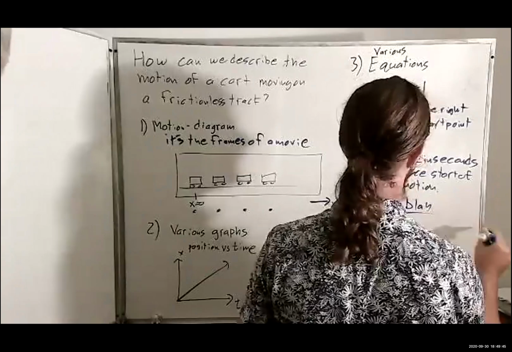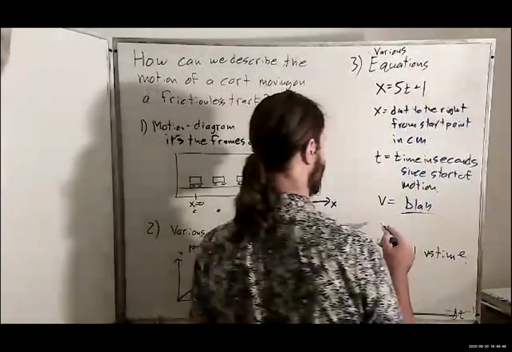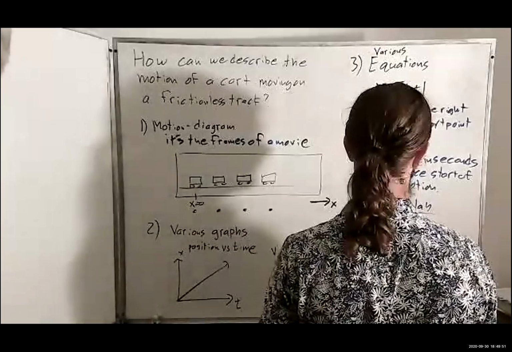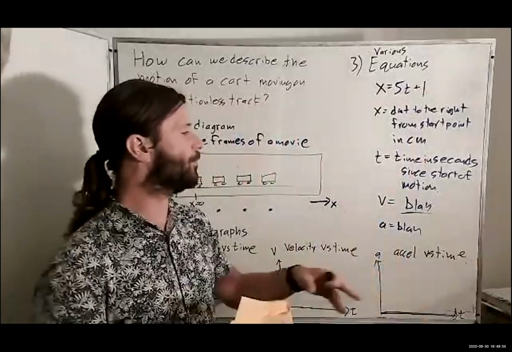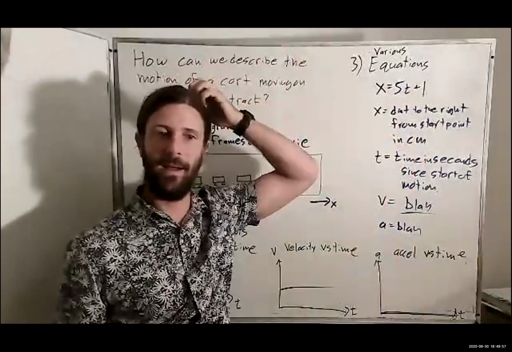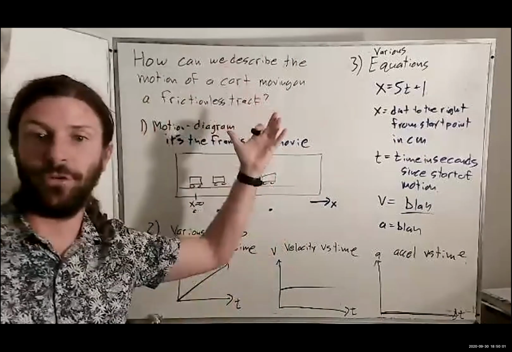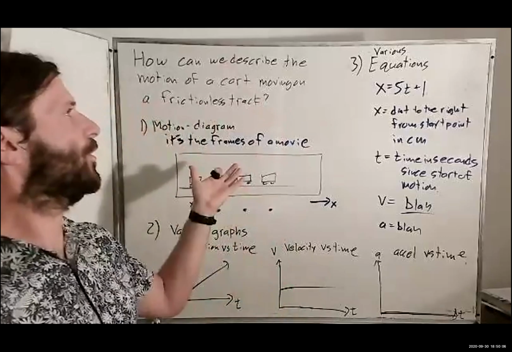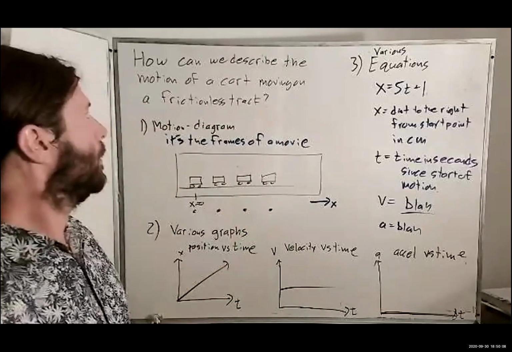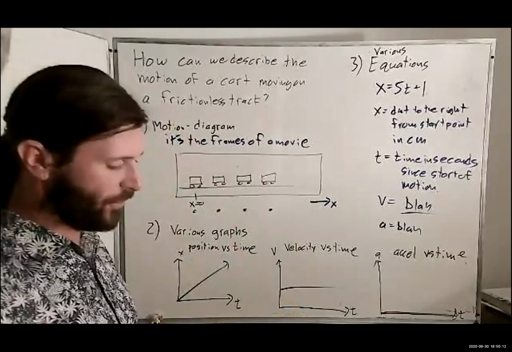I'm not going to make up an equation here. You can have a equals blah. Acceleration might be given by an equation, and there'll be some relation between acceleration, velocity, and position, of course. So that's another way we could describe the motion of the cart moving on a frictionless track.